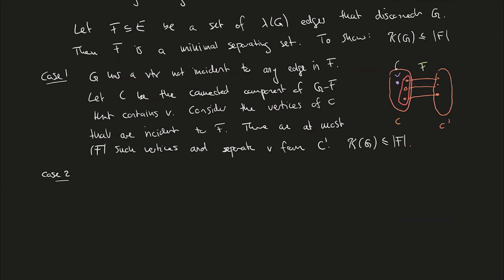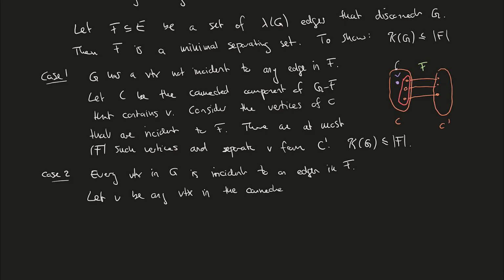If we don't have the first case, then we have case 2, which is that every vertex in G is incident to an edge in F. We now let V be any vertex in the connected component C of G minus F. So we have a similar picture as before: a connected component C, and some other connected component C prime, and there are edges of F going in between these two connected components.